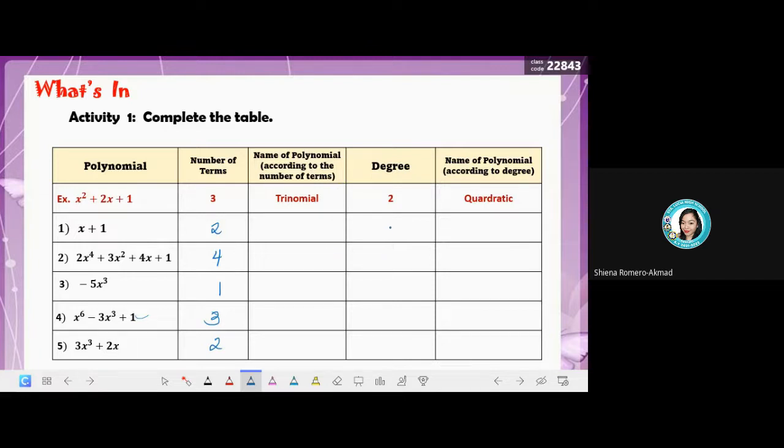So, the degree in number 1 is 1. For number 2, number 2, 4, correct. Number 3, ayan, sige, yung answer. Ang dami sumasagot sa ating in-call messages. 1, correct.